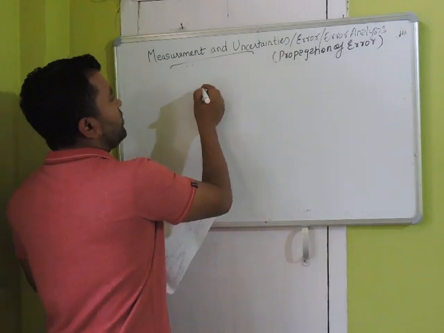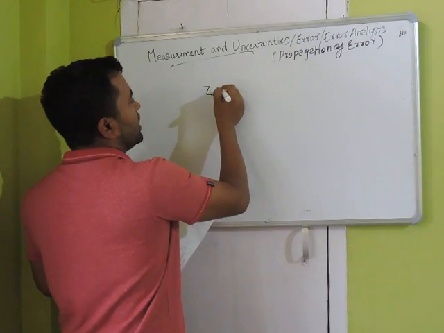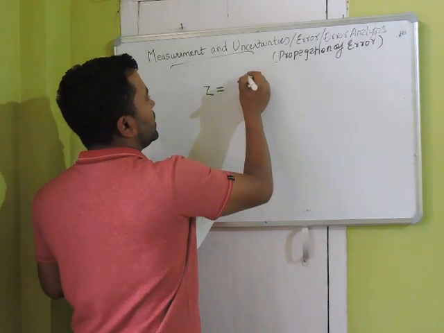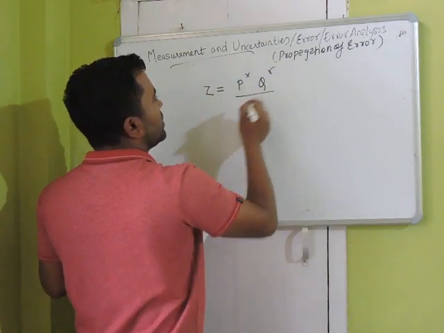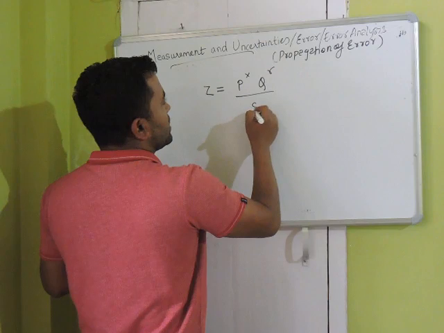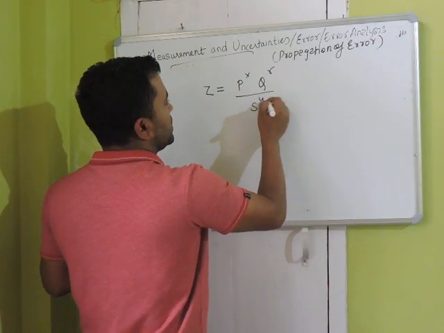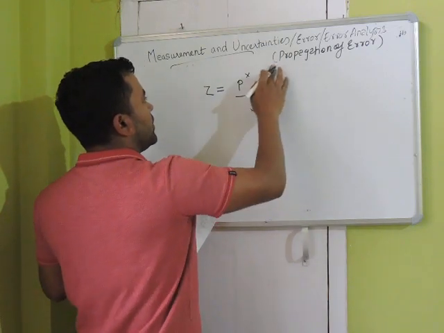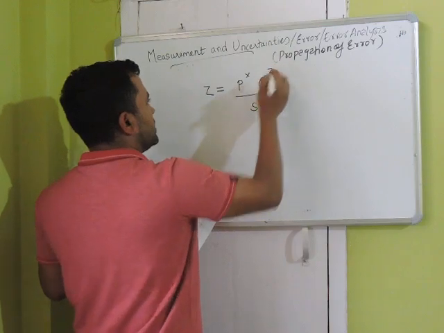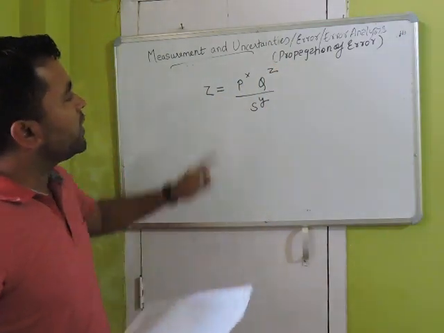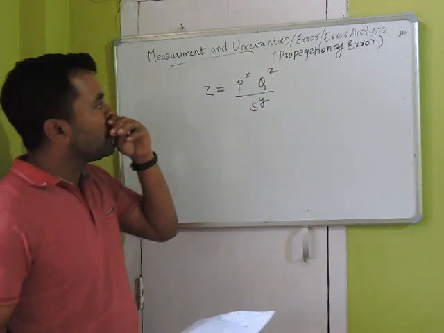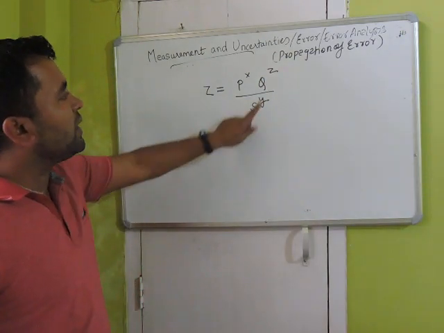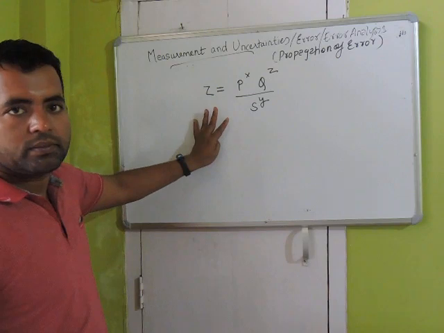So if you have a function like z equal to p^x q^z over s^y, and a quantity is written like this, with multiplication and also division, what is the fractional error in this?